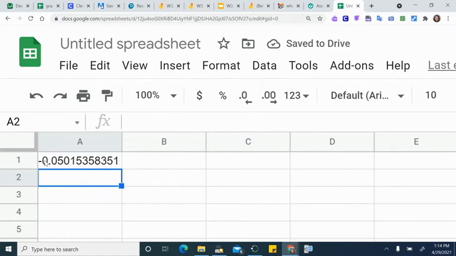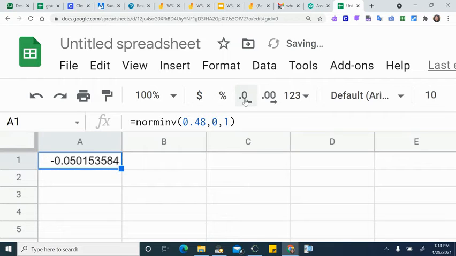And that's about negative 0.0502. If you want, this little button here cuts it down and rounds it for you. Again, norm inverse, since they gave us a percent and they want the x or z. If they say x, they're going to give you a mean and standard deviation.